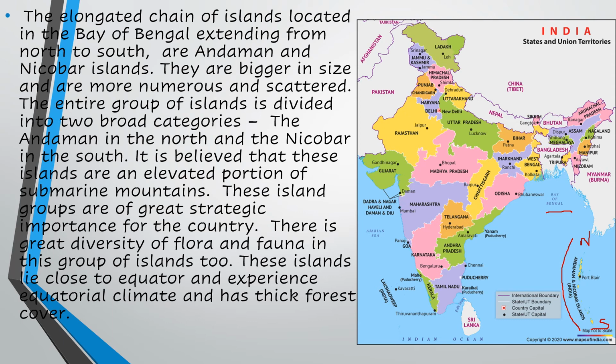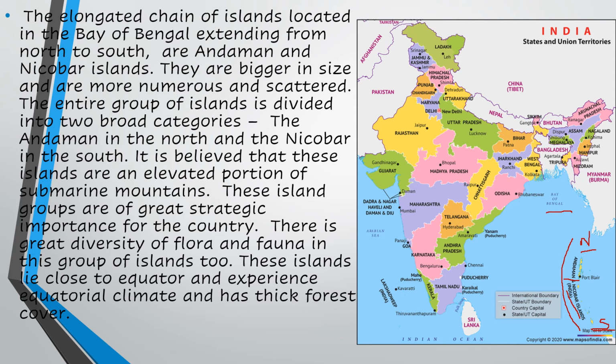The entire group of islands is divided into two broad categories: the Andaman in the north, and the Nicobar Islands in the south. Why? Because they are not uniform islands, they are scattered.